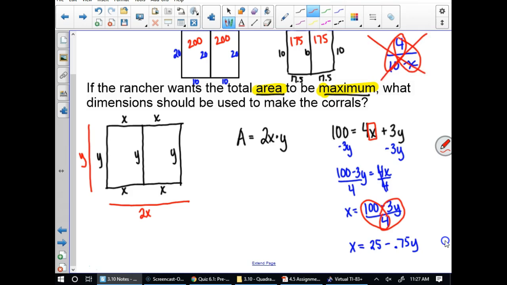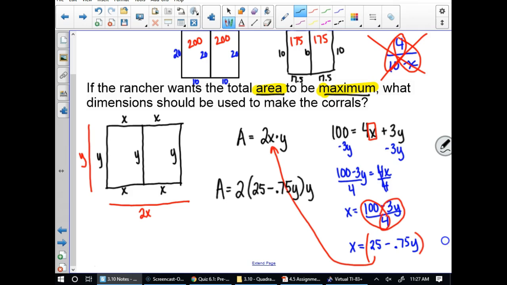Okay. So we have got x equals this stuff right here. So we can take that stuff and replace the x in our equation over here. So A will equal 2 times 25 minus 0.75y times y.